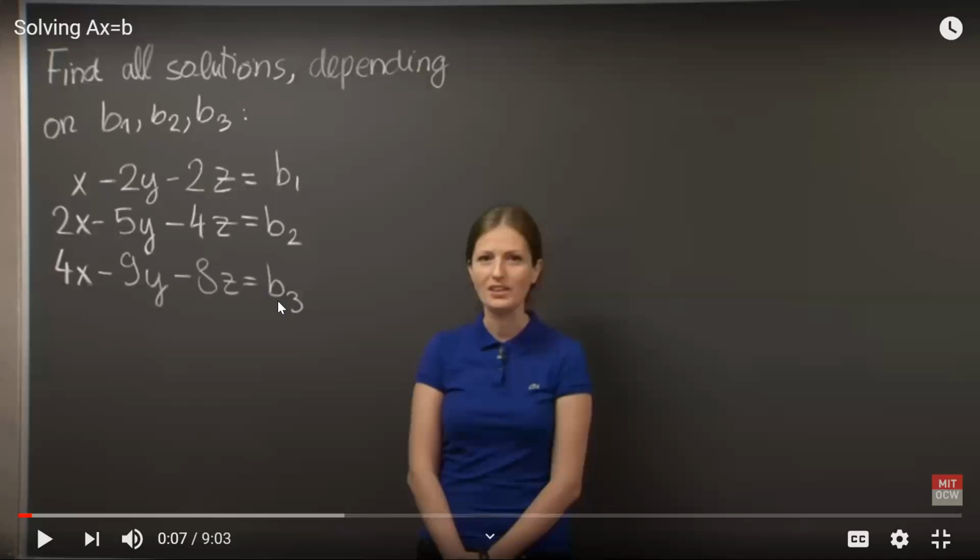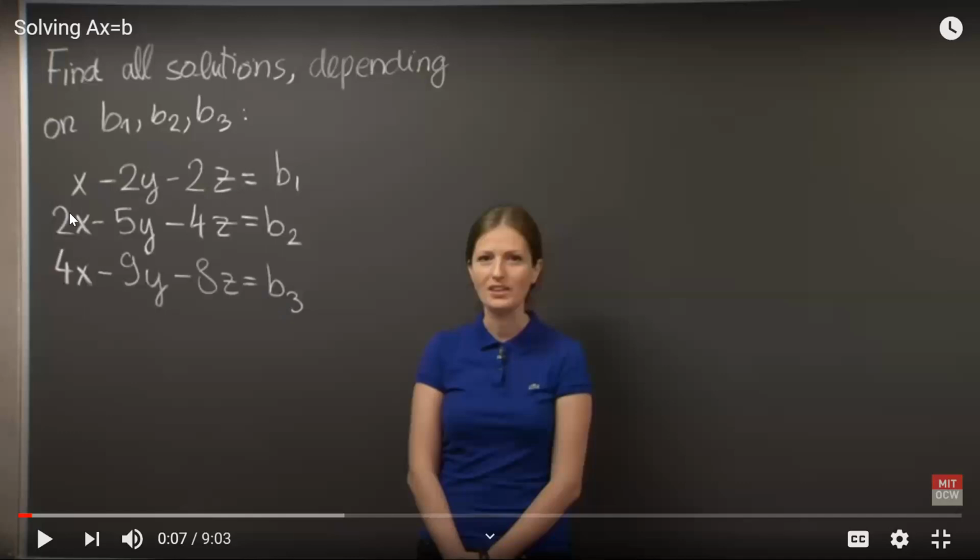Now, what is the meaning of a solution? The meaning of a solution is the values of x, y, and z which will be able to solve all the equations simultaneously. So it means if I have found that solution, then that solution should satisfy the left-hand side and right-hand side of equation 1.